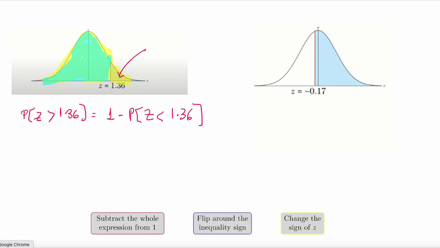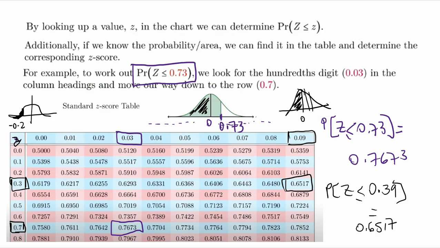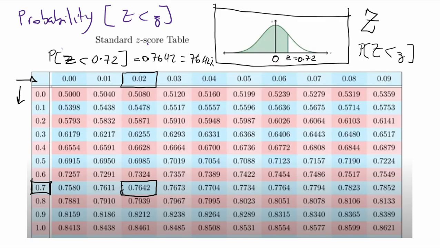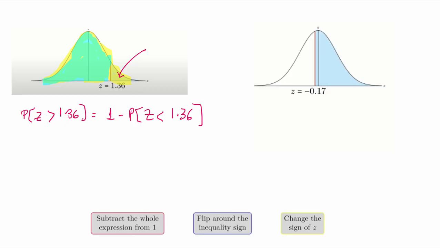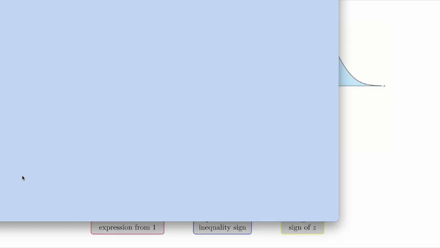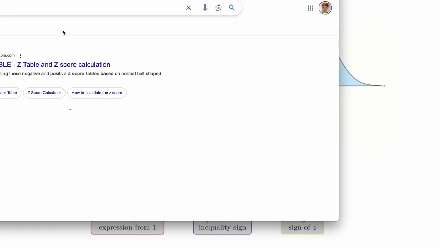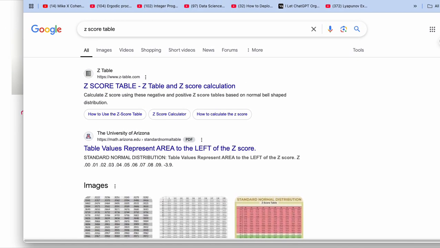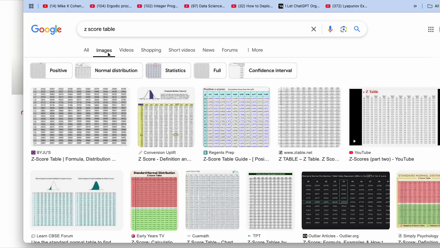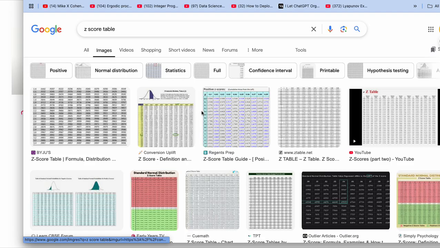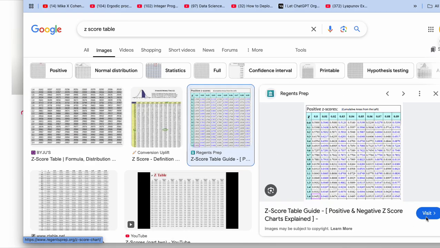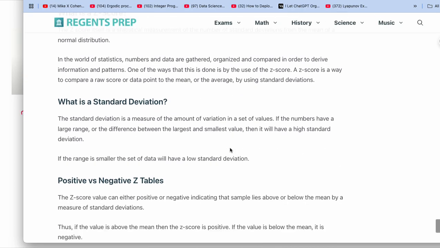You just go to the table and you find this directly. Let me open a z table. Let me see if I have these values here. I don't have 1.36, so I will open a z-score table here for you guys. Let's go to this one.